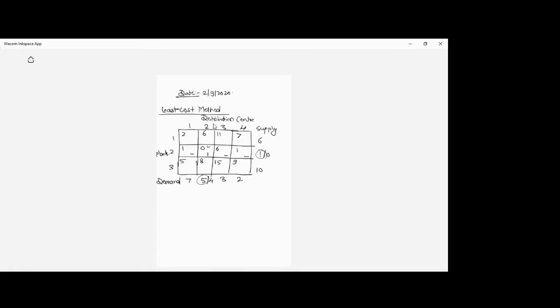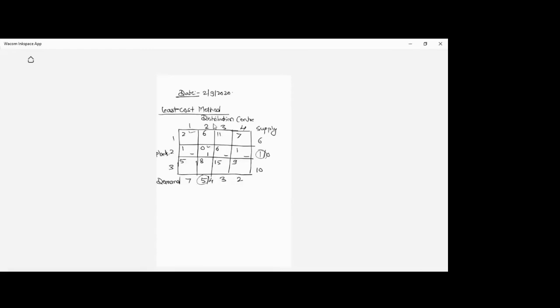Now, fortunately, we don't have a tie, and the next least value that we have is 2 here, right? So for this particular cell, we are going to allocate the maximum possible value. The supply constraint has a value of 6, and the demand constraint has a value of 7.